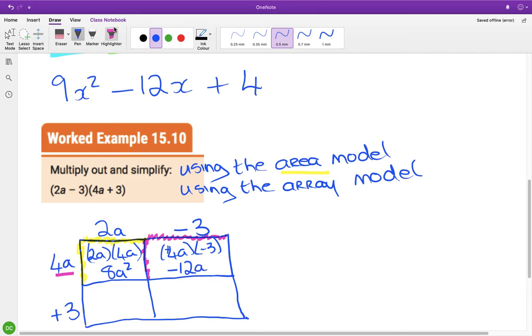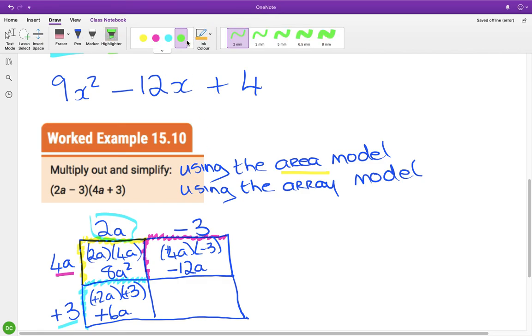Okay, then we're down to this one. To get this box, this is your length, which is this, and then this is your width, which is this. So the multiplication down here is 2a by plus 3. This is also a plus, so signs are the same, so the answer is a plus. 2 by 3 is 6, and the only letter is a.